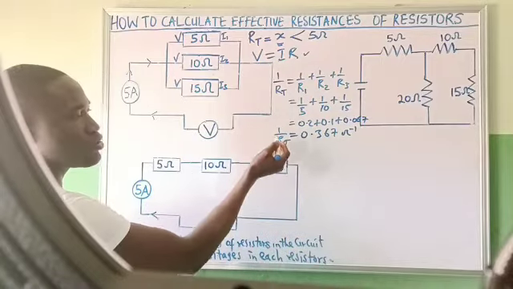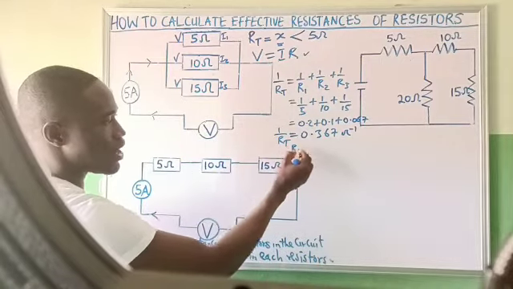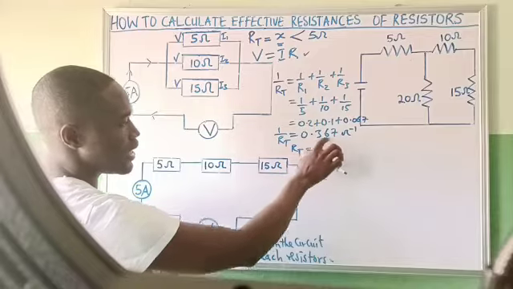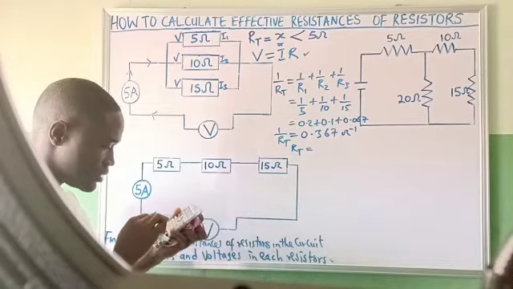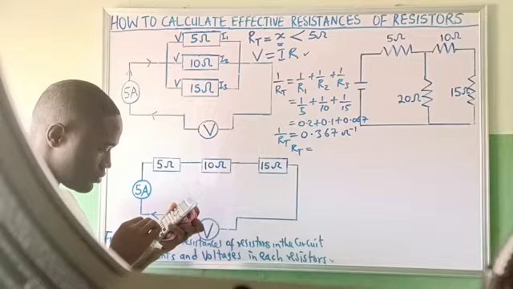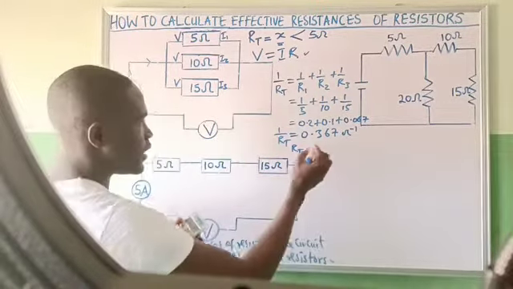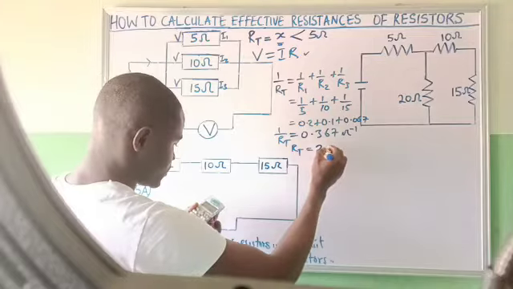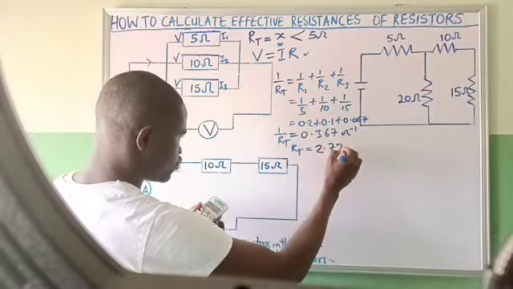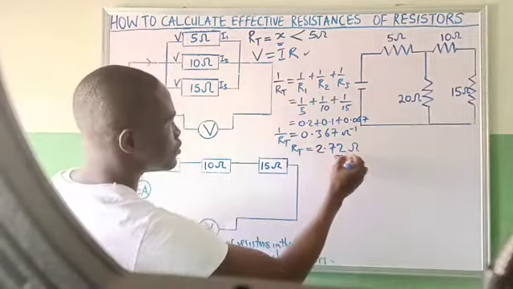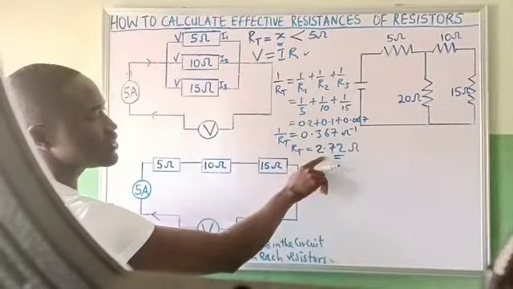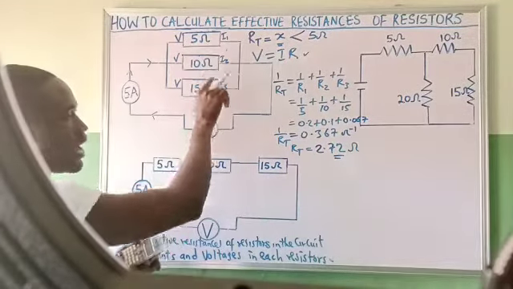Now get your RT. RT will be the inverse of all this. The inverse is 2.72 ohms. So this is the effective resistance of the resistors you have here.